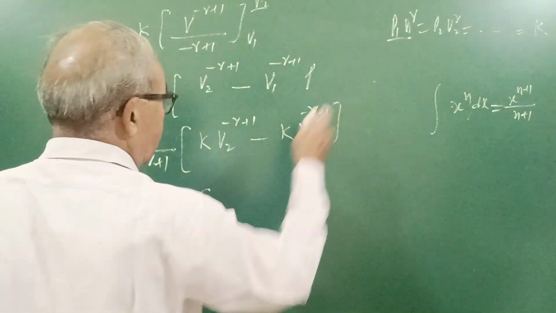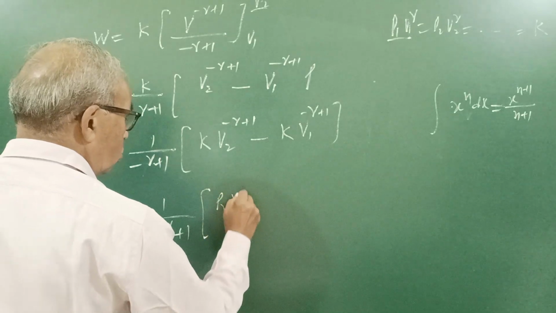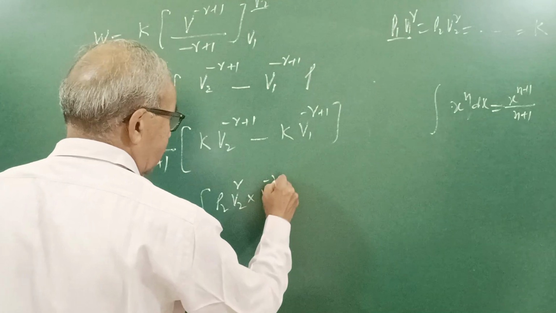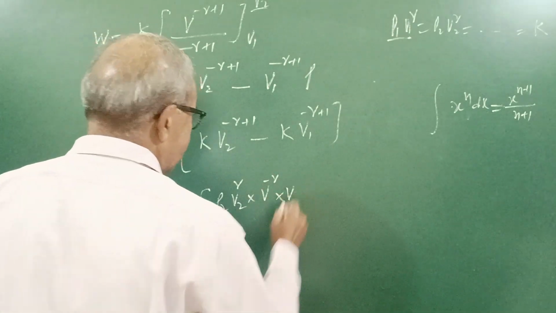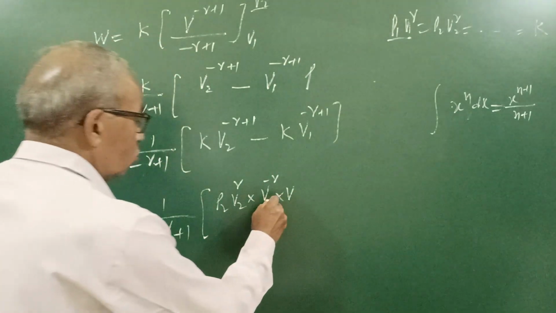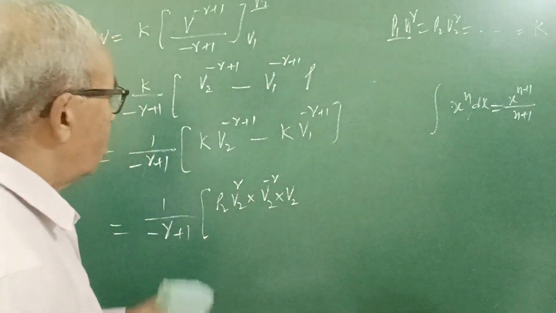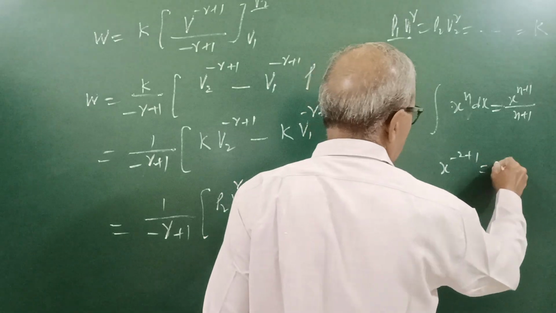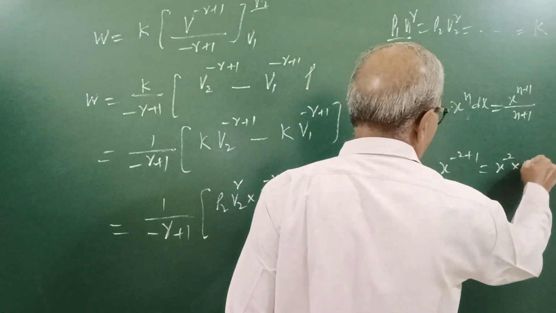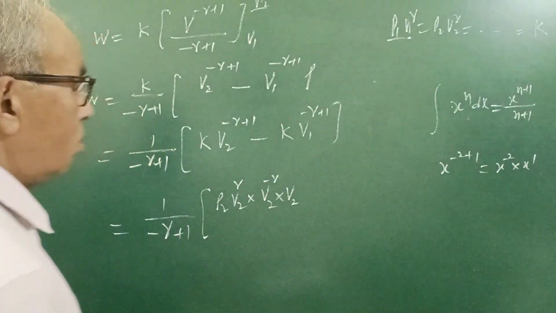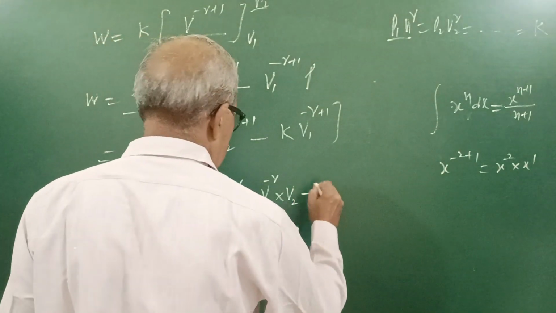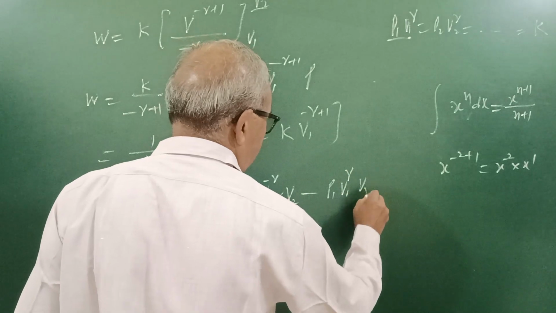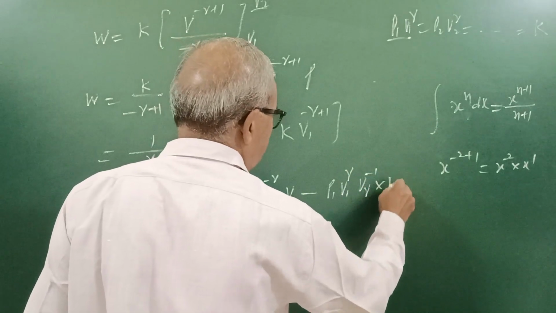So in place of K, you can write P2 V2 to the power gamma into V2 to the power minus gamma into V2, minus P1 V1 to the power gamma, V1 to the power minus gamma into V1.